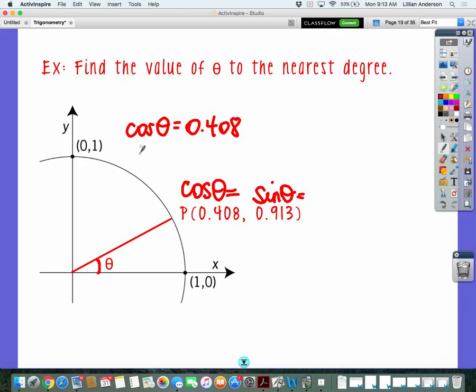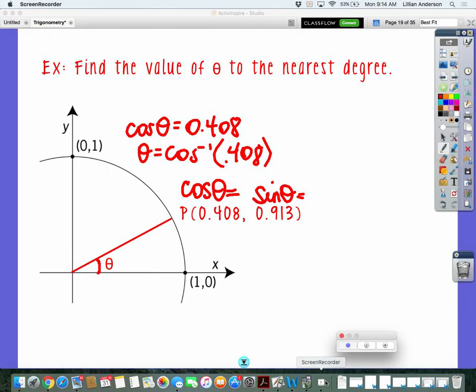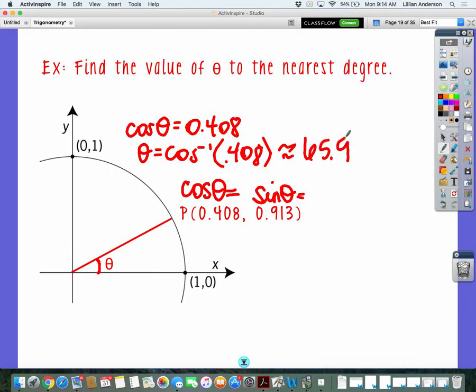So we'll take the cosine inverse of 0.408, and we get what? So we'll get about 65.9, okay? Now realize that this theta, this angle, is going to be the same whether you use cosine or sine.